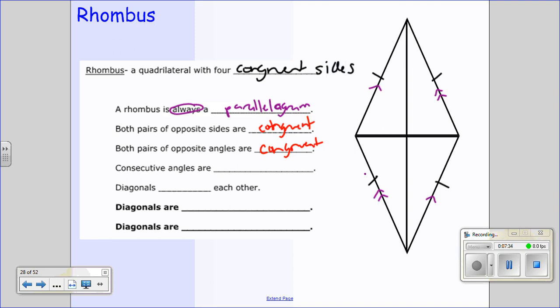So this angle is opposite of this angle. So the top and the bottom, according to my picture, yours could be drawn differently or drawn exactly like mine, totally fine. And then that means the left angle and the right angle are opposite of each other, so they're congruent.